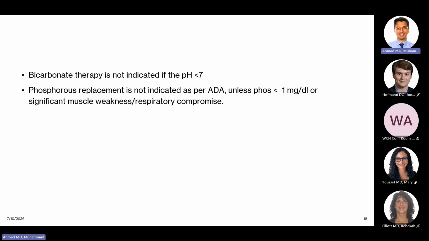Sodium. Sorry, sodium. Is it actual, or is it pseudo hyponatremia? The hyponatremia that usually happens with hyperglycemia is not a true hyponatremia. When we see hyponatremia, we have to know whether it is hypertonic, euvolemic or normotonic, or hypotonic.